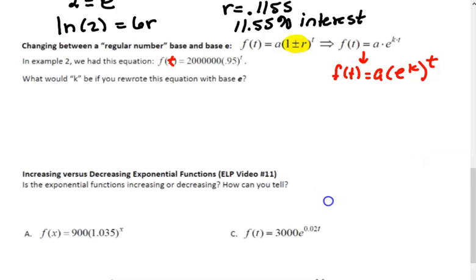Here we have 1 plus or minus r, here we have e to the k. So if I want to change this equation into something involving e, the base 0.95 is going to have to be changed to e to the k. So if I set 0.95 equal to e to the k and solve for k, I would have the formula in the form with base e.